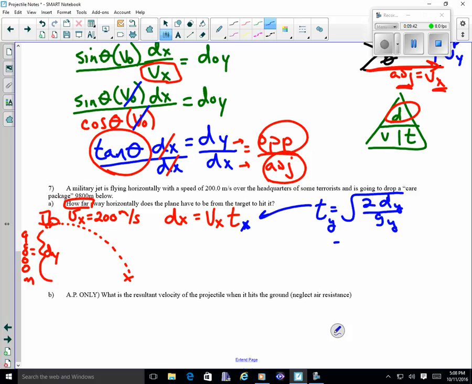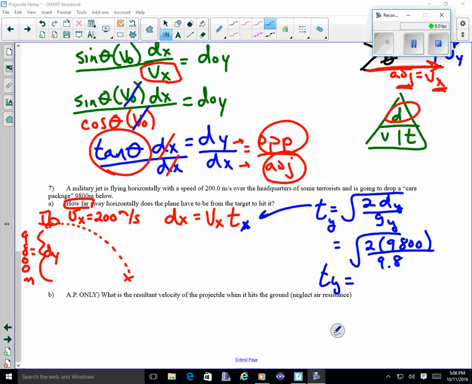So now I'm going to put 2 times 9,800 divided by 9.8, and take the square root of that whole thing. And now I get a time of 44.7 seconds. Since time in the y direction is the same as time in the x, I'm going to put it back in here.